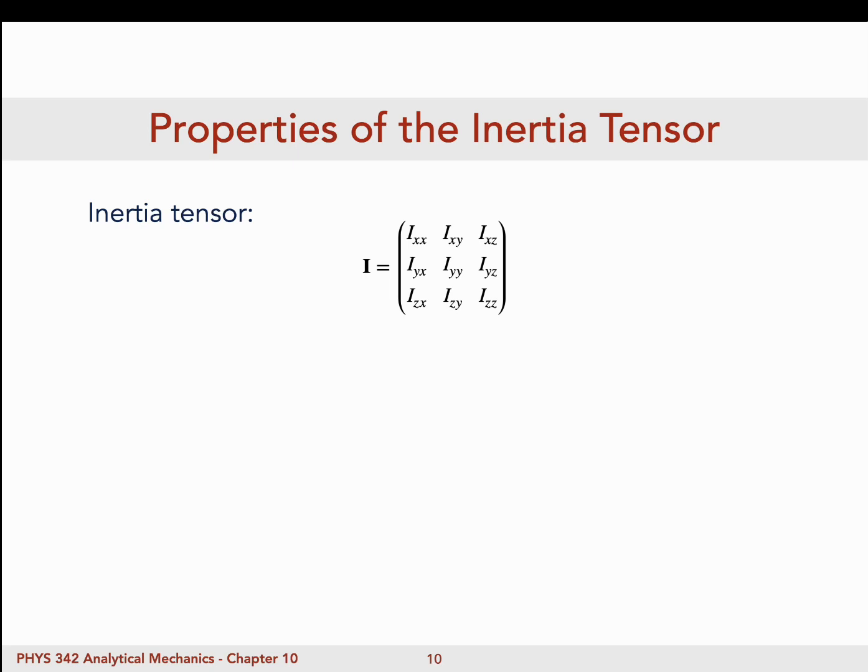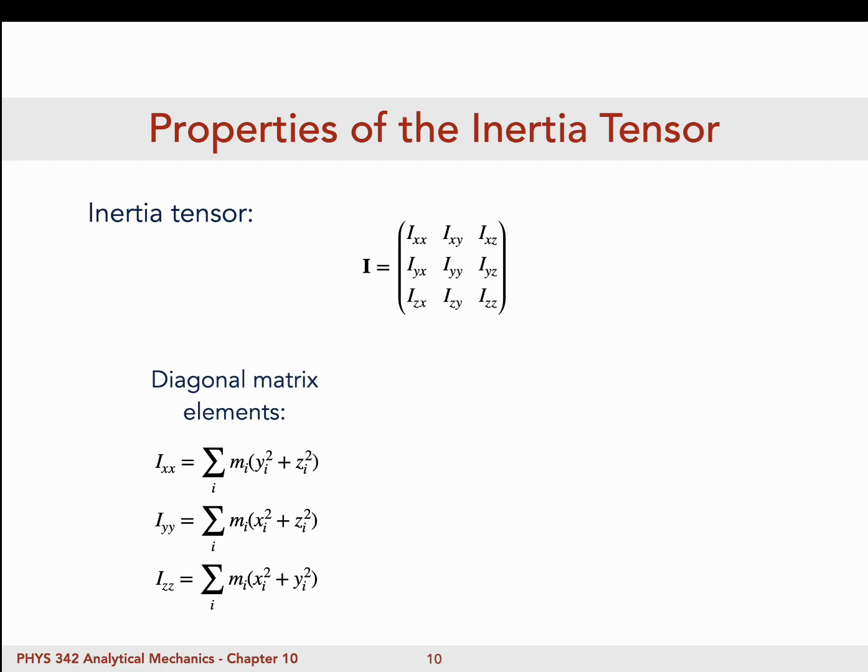Okay, so let's look at a few properties of the inertia tensor. It turns out that the diagonal elements, the I_xx, I_yy, I_zz terms, all have a very similar form. They're all the sum of the squares of the 2 corresponding components: y squared plus z squared, or x squared plus z squared, or x squared plus y squared.